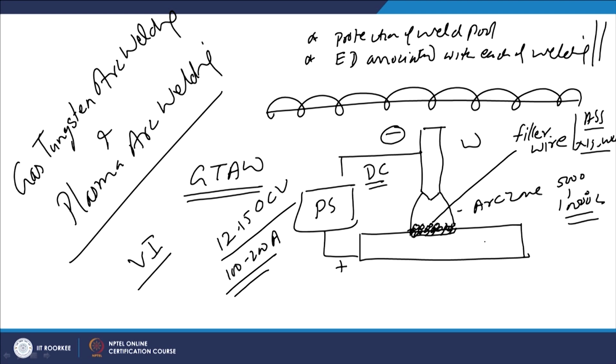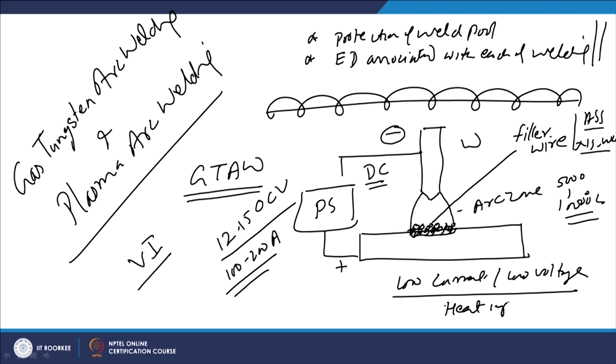There are a few good points as far as this process is concerned. Since this process works with very low current and low voltage levels, the heat input associated with the process, specifically written as net heat input, is very low. So this process is known as a low heat input process. Another aspect is that the distance between the electrode and the substrate is very small, so the arc gap is small.